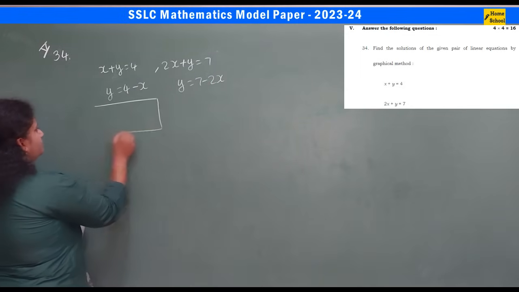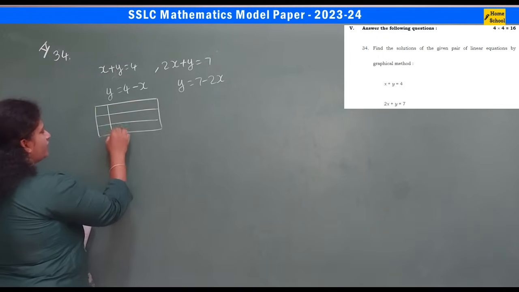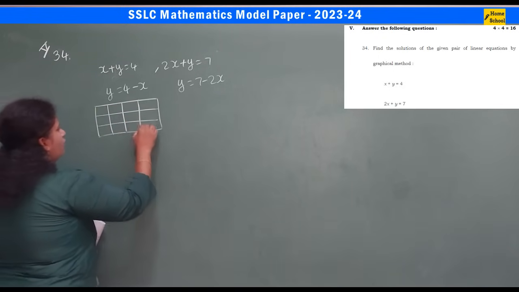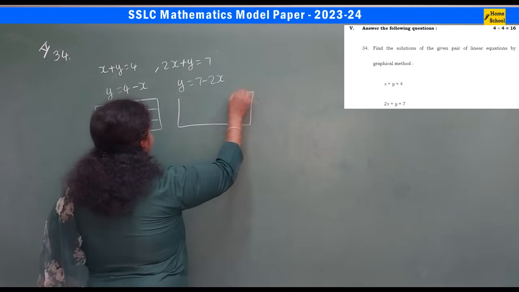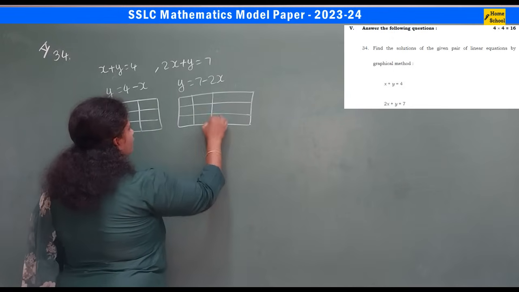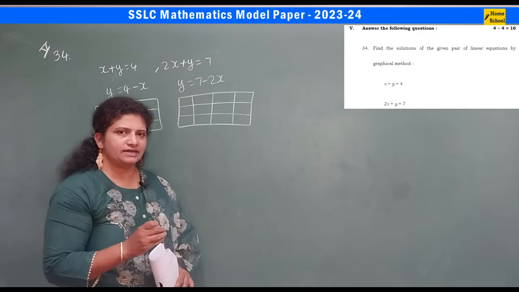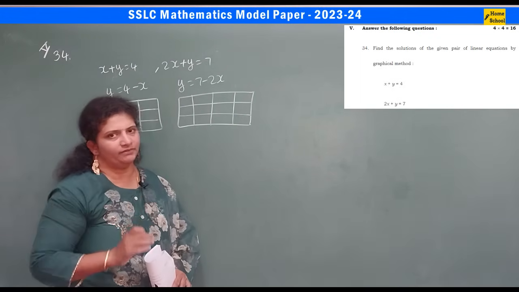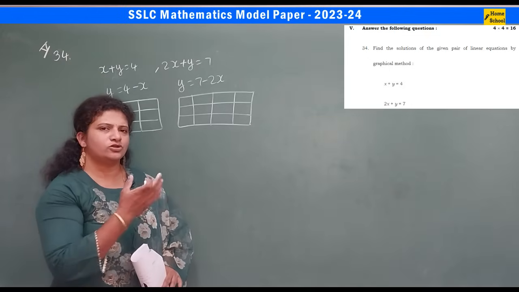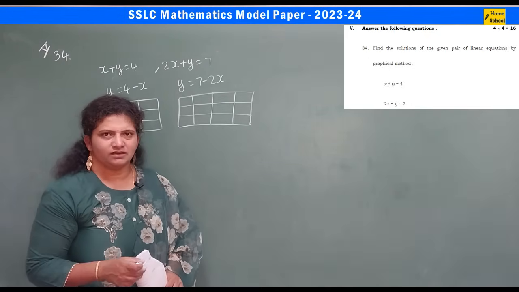Take a table. Such a way it should have 3 rows and minimum 4 columns, and this side also 3 rows and 4 columns. So if the lines are intersecting, you need that coordinate value. In order to get the solutions of the 2 equations, x value is this and y value is this.